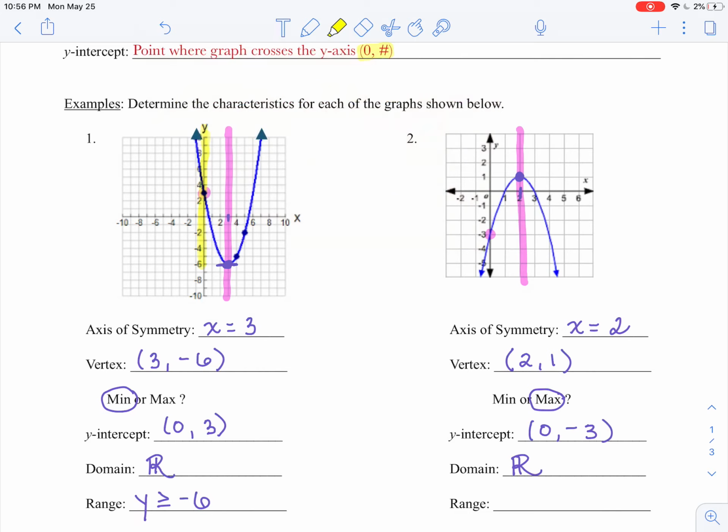And then the range is dependent upon the picture. So for this graph, our vertex point was the highest point up here at 1. And the rest of the graph has y values below that. So this time our range is going to be the y values less than or equal to 1.